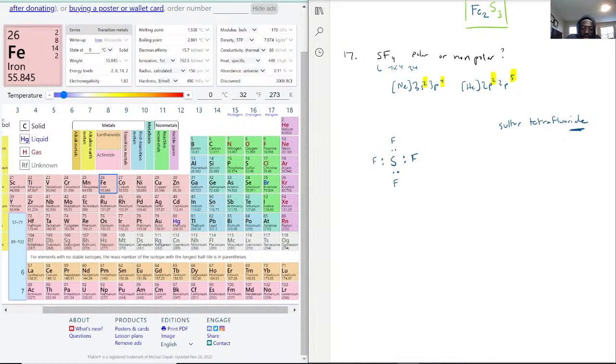So using the same concept though, okay? We have now, it's sharing one of its electrons, so 2, 3, 4, 5, 6, 7. Fluorine is good. 7, 2, 3, 4, 5, 6, 7. 2, 3, 4, 5, 6, 7. Okay, so of the 6 electrons sulfur has, it's sharing 4 of them, so it still needs 2 more.